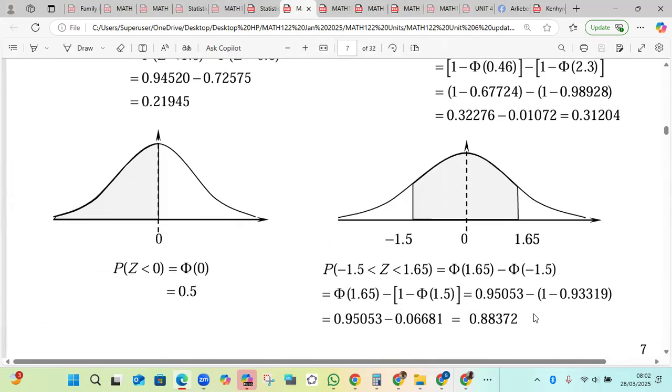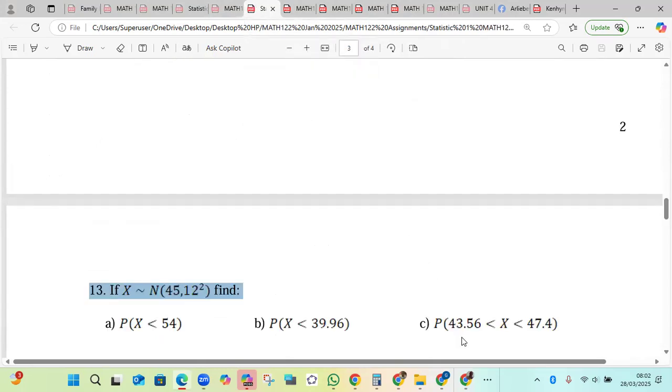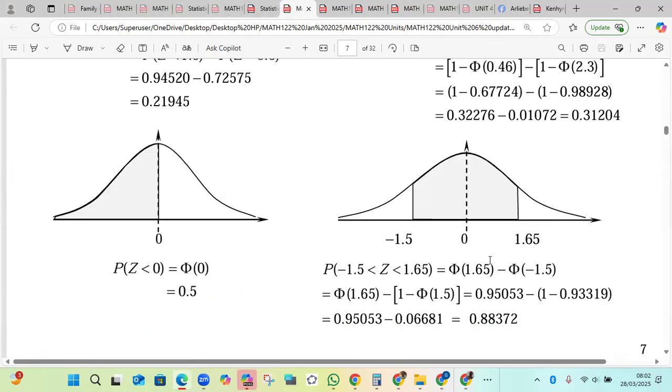So let's look at an in between similar to part C. So this is going to give us a negative z, 43 is less than 45, and this is going to give us a positive z, 47 is more than 45. So we're in a similar situation like this one then. We're trying to find an in between on the left side of 0 and on the right side of 0.